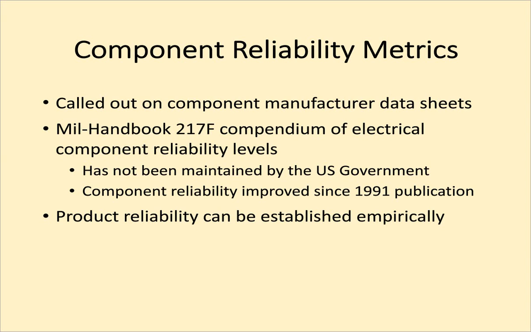It's still a decent reference because improved manufacturing methods have improved the reliability of components since 1991. And if you use the reliability numbers in that handbook, you'll usually be on the safe side. If you've been producing a product for a long time and there haven't been significant changes to the product, you can use that reliability data from past history to predict the reliability of future products if they're the same.